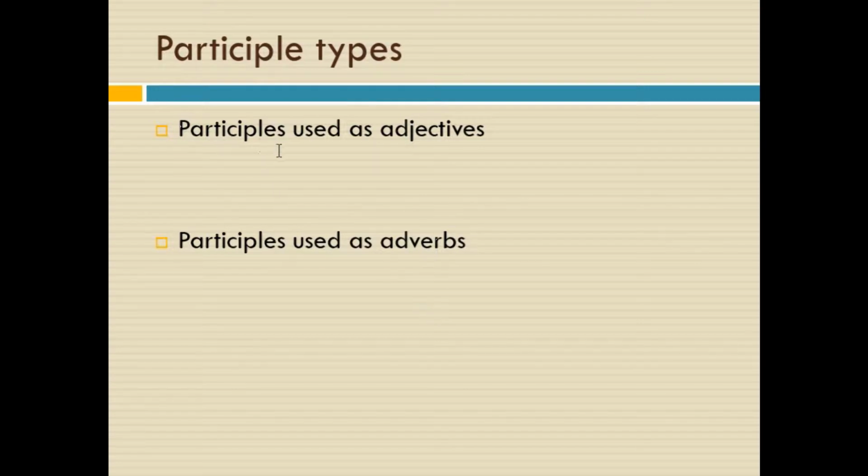So we have participles used as adjectives and participles used as adverbs, but you don't need to understand the difference between these two. It will get harder and confusing, but it is basically the same thing, almost. The difference is only when you have to recognize which one it is, and it's not really a part of the learning, I suppose.